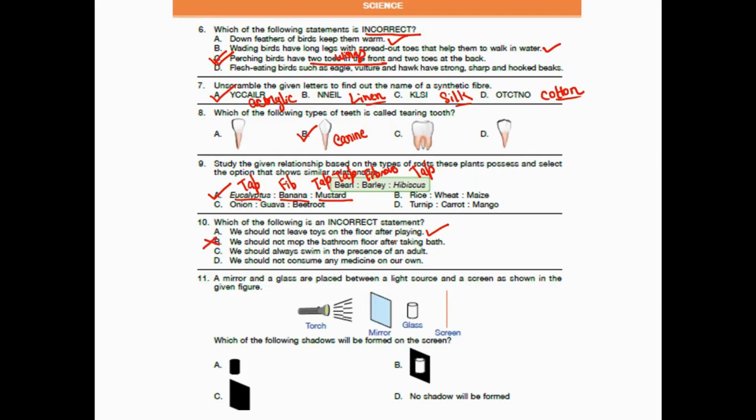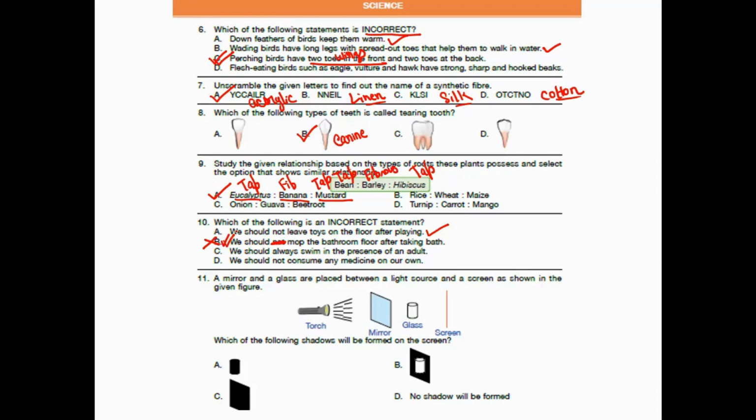Because after taking bath, we should always mop the floor so that the foam or whatever detergent we are using to clean ourselves shouldn't stay on the bathroom floor, and somebody can slip down, right? So this is the incorrect one. We should always mop the washroom after taking bath. So the correct option is option number B.